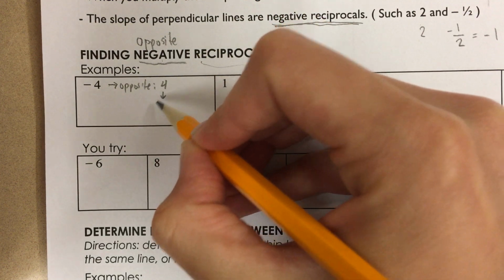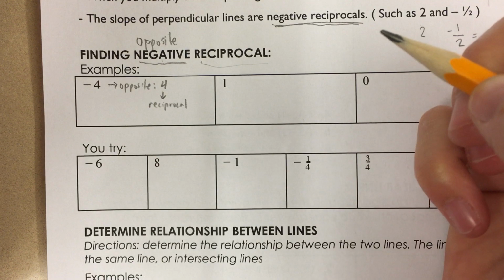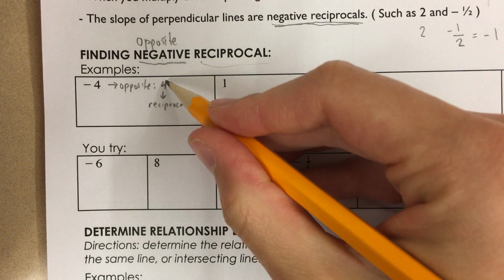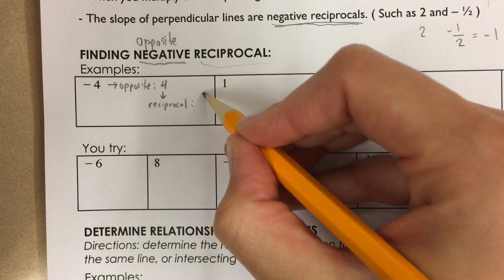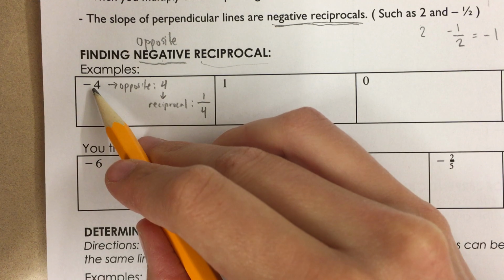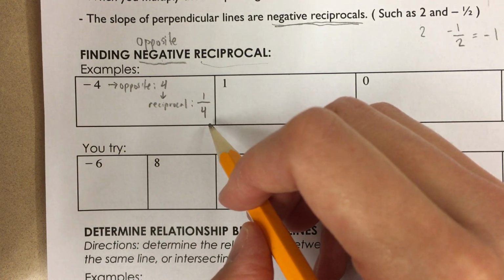Now, to find the reciprocal, what's the reciprocal of 4? Well, reciprocal means to flip over a fraction. So 4 is 4/1, so the reciprocal is 1/4. Notice the result is that I've taken this number, I have a number of the opposite sign, and it's flipped over.